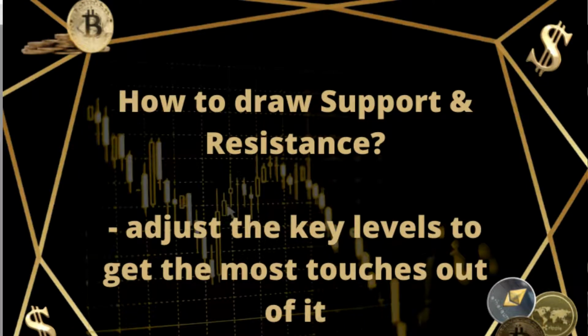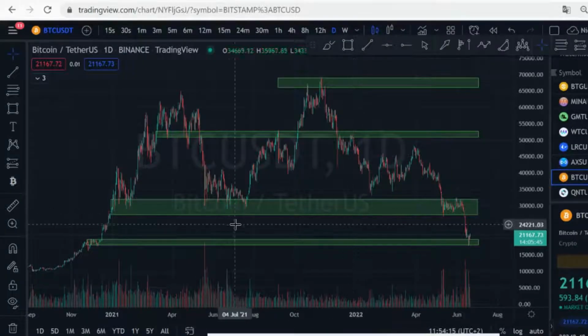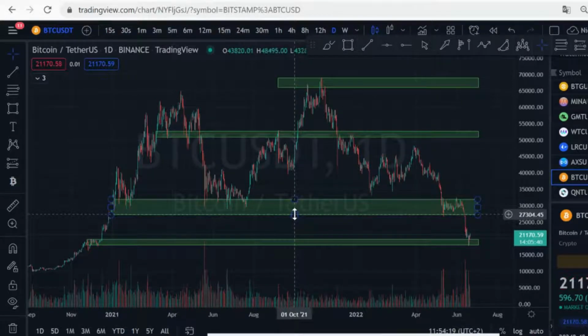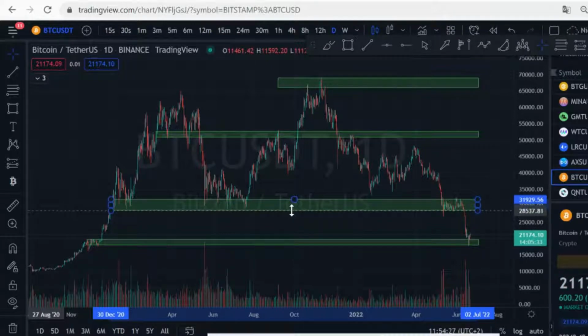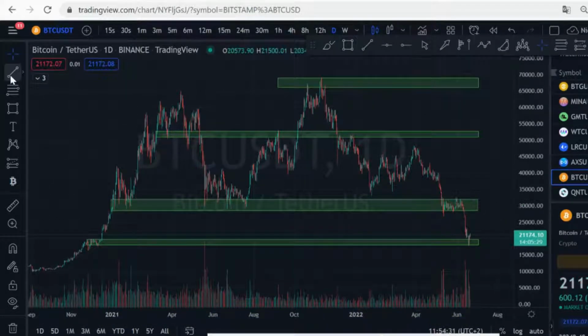The next thing is, adjust the key level to get the most touches out of it. Now you can go ahead and adjust these areas, make them bigger or smaller. So I would do it like this. Also, of course, you can draw a horizontal line, but in this case it is pretty hard to find the exact key area.